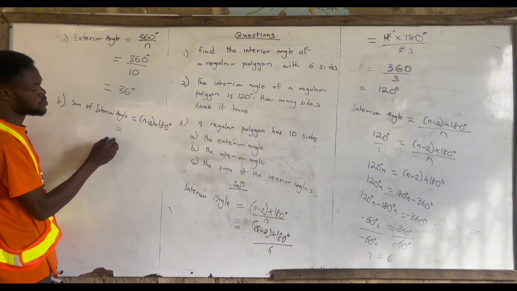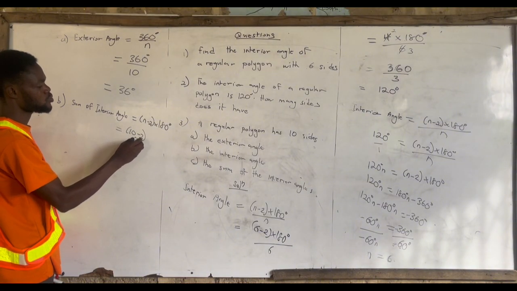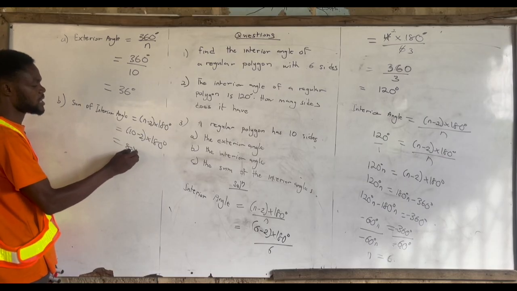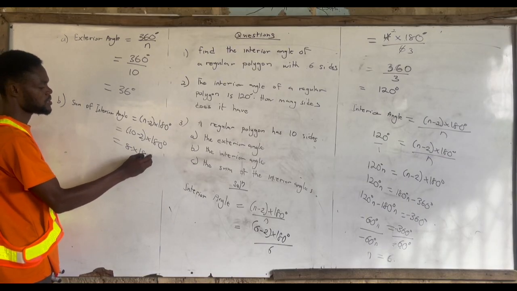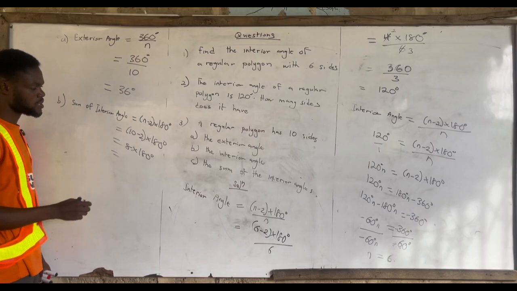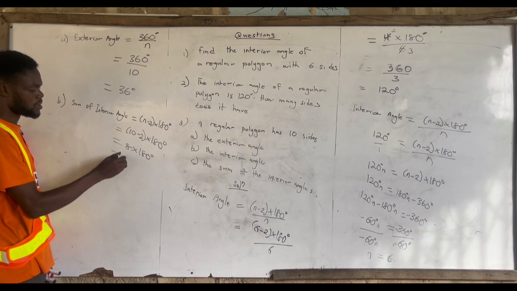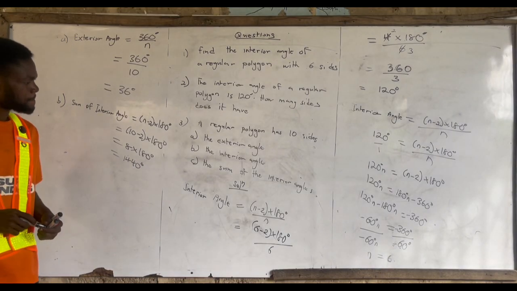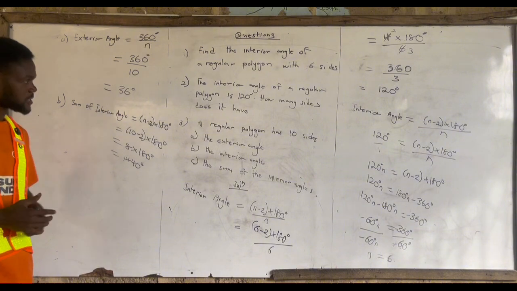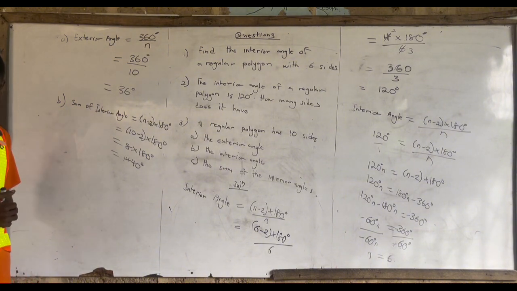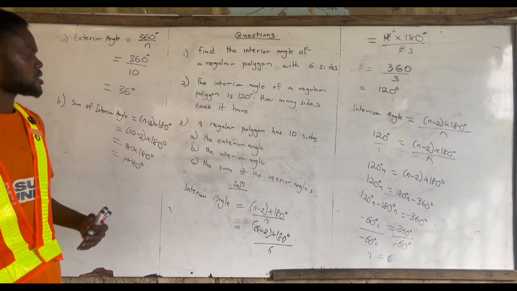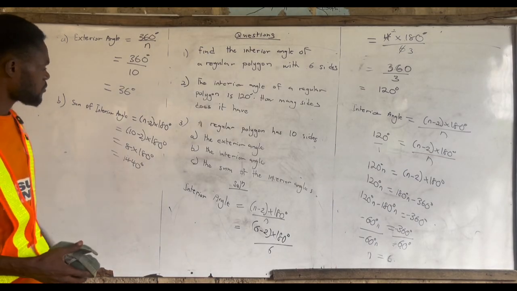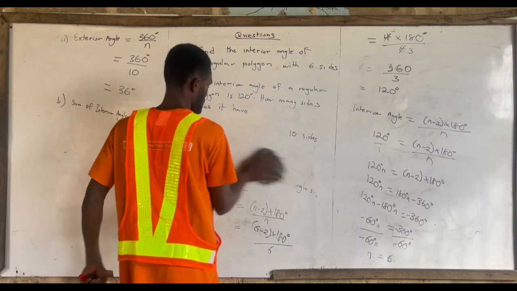We have 10 minus 2 times 180 degrees, so 8 times 180 degrees, which is 1440 degrees. So we are there. This is a very cool question. So let's try another set of questions. The more you solve questions, the more you get the understanding.